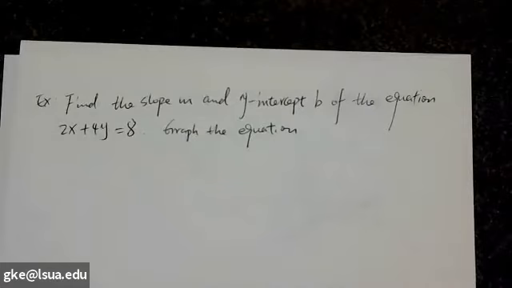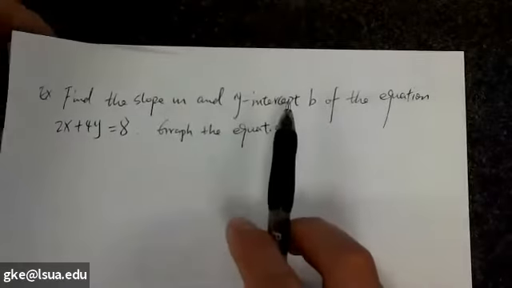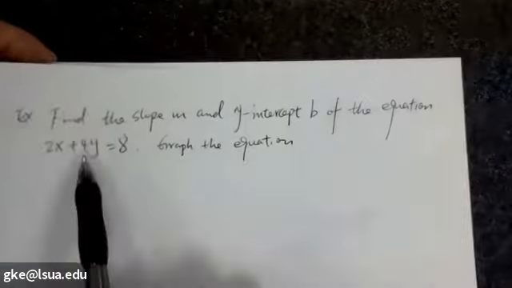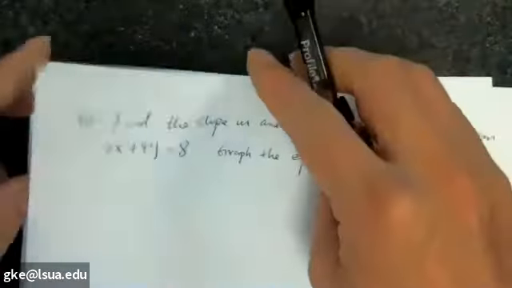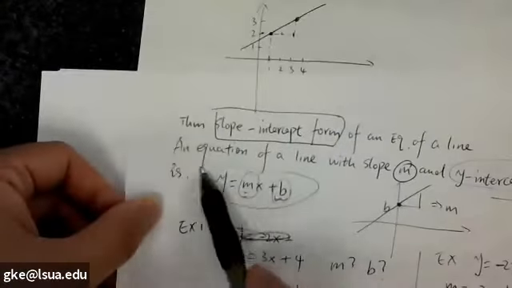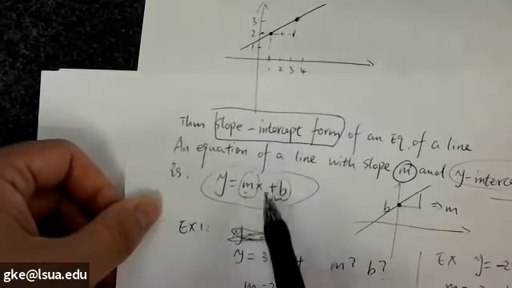Now let's take a look at this guy. This is clearly not slope-intercept form, because that is 2x plus 4y equals 8. That is not like y equals mx plus b.